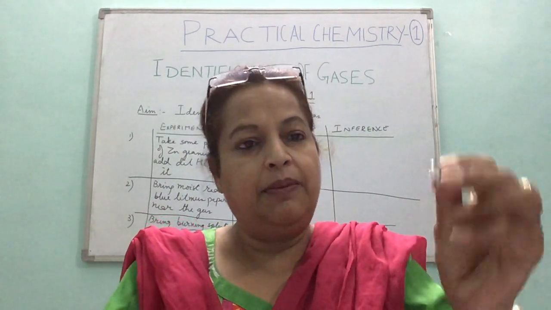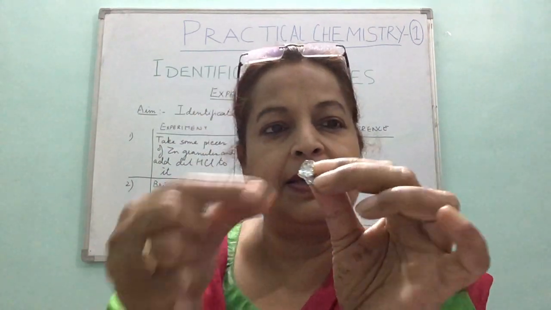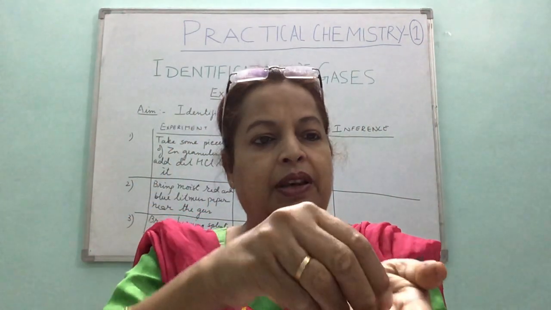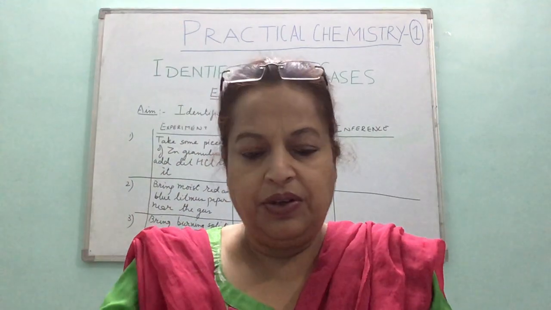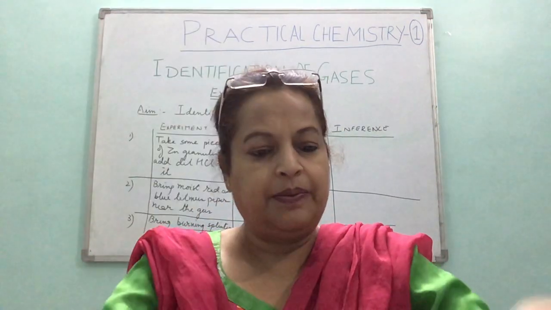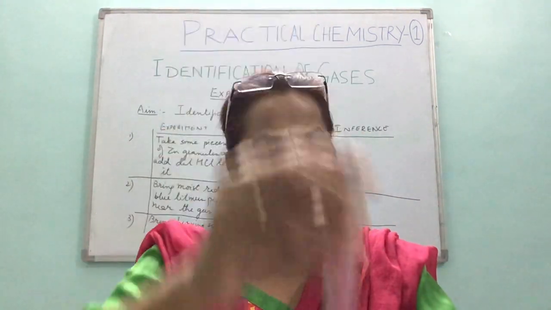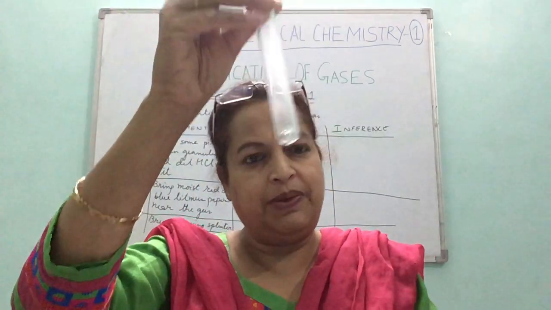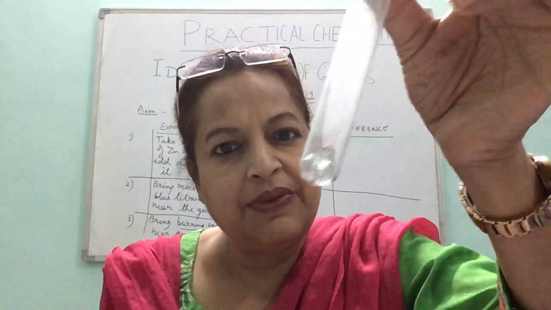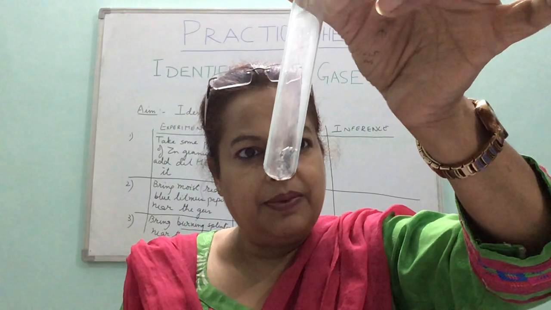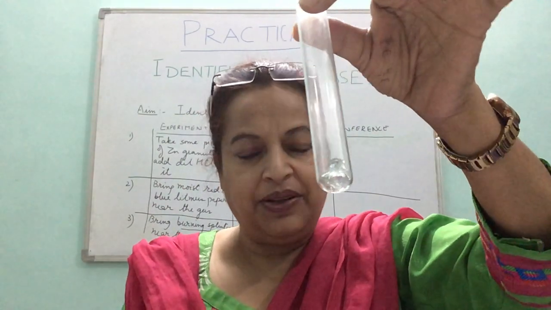Now, silvery grey metal zinc pieces. I have got 3 pieces, and I am going to put them in the test tube. Alright, I have put pieces here. So this is a zinc piece put in the test tube. You can see the silvery grey metal.